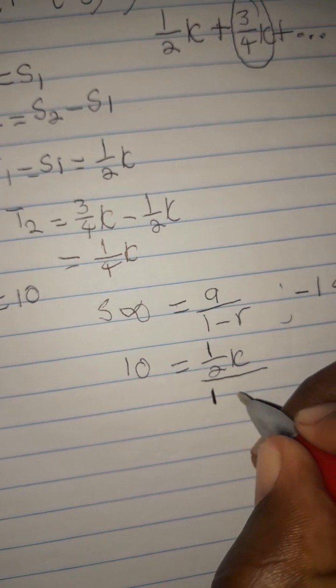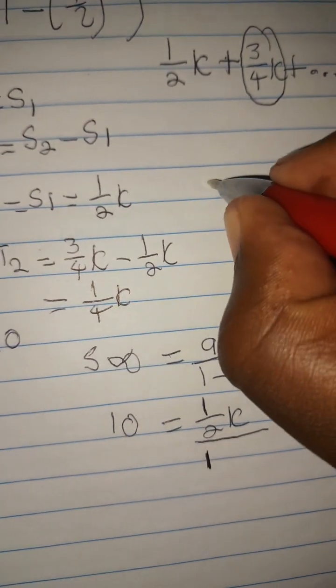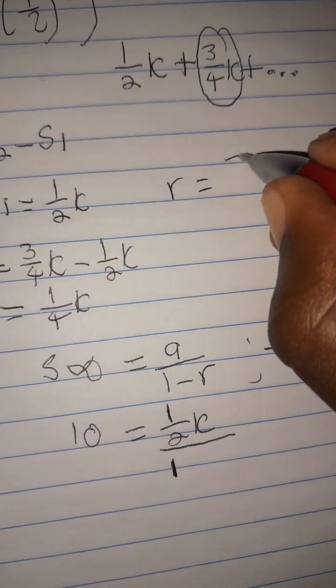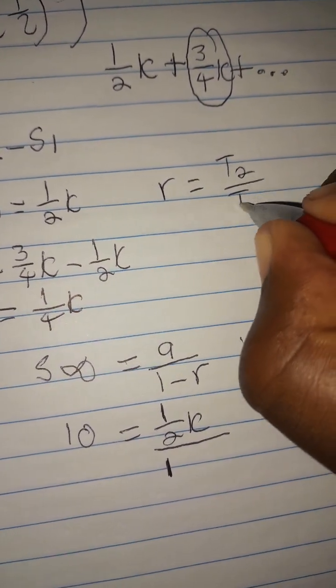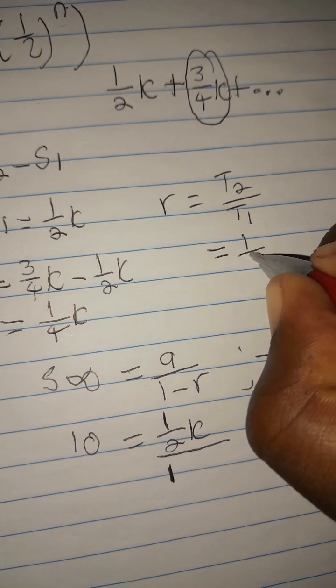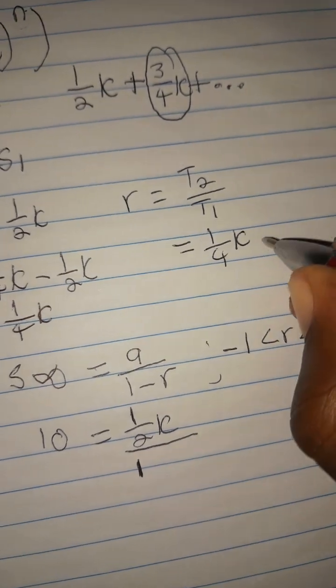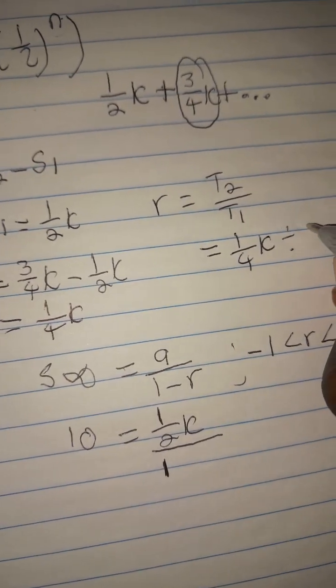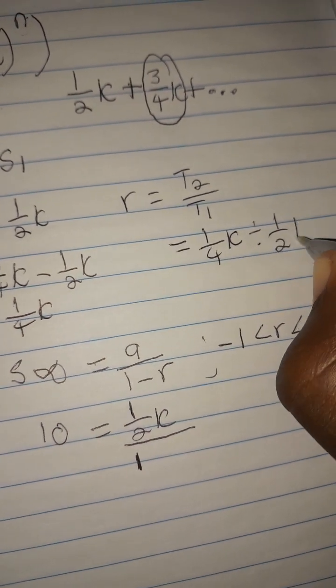How do we get r? Remember r is a constant ratio. Since this is a geometric series, it's t2 divided by t1. T2 is 1 over 4 k, divided by t1, which is half k.